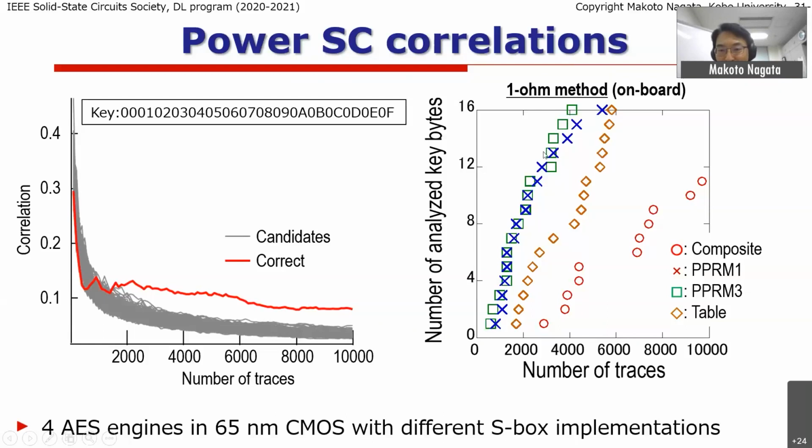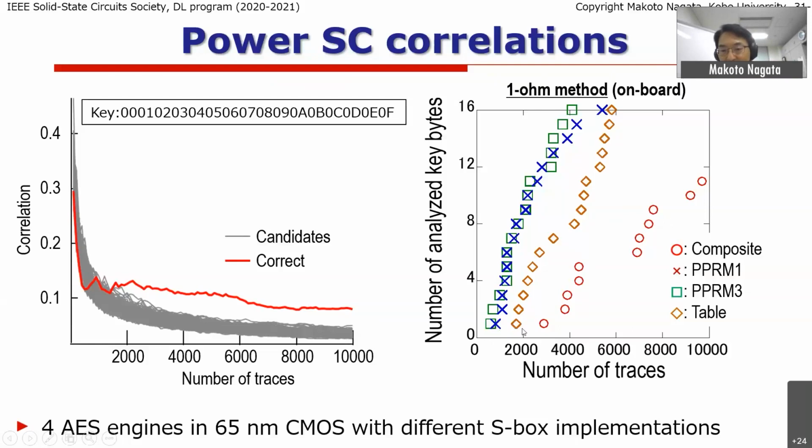The trends are different among different designs. In this case, the red circle, the cross, and the square stand for different design styles on the AES. I won't go into detail, but different design styles will give you different trends of the leakage observed by the attacker.